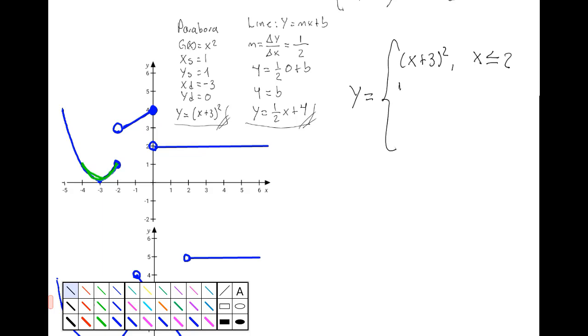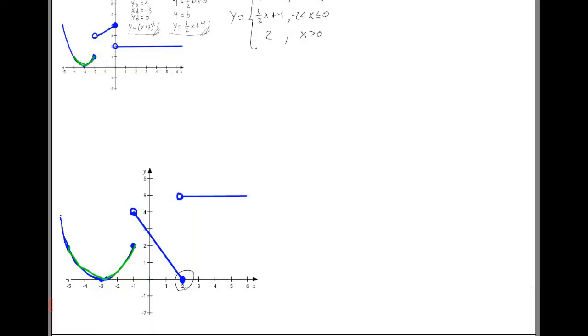Then we have the line that is 1/2 x plus 4, and the interval is from negative 2 to 0. So we don't include the negative 2 here, but we do include the 0. That's why the circle is filled. And finally, the constant is 2. And this value of the constant, we have it from 0 to infinity. That means for x greater than 0. We don't make it equal because we don't include it.